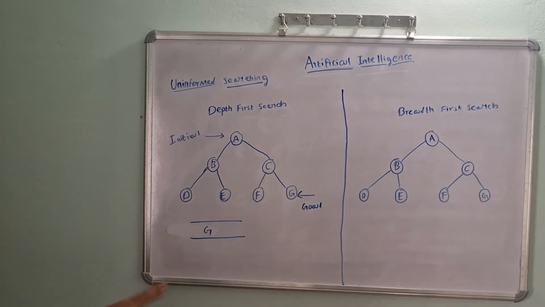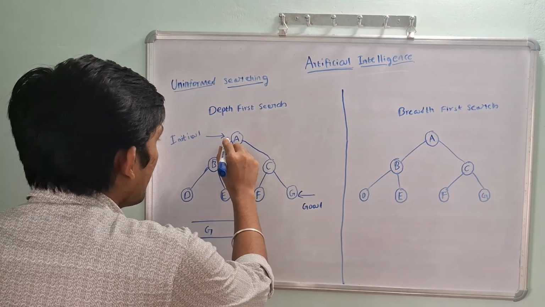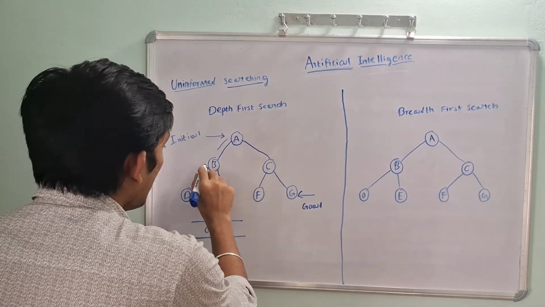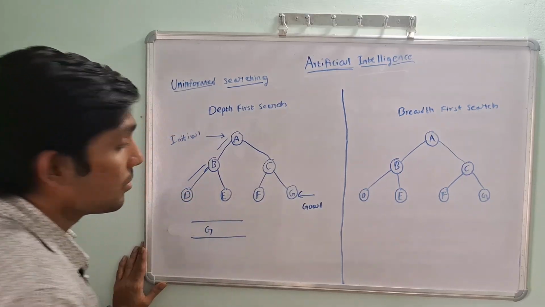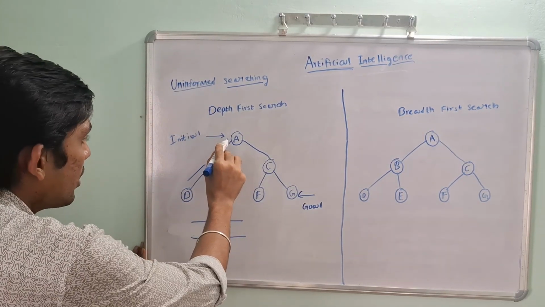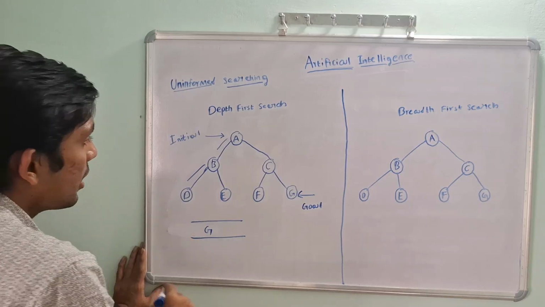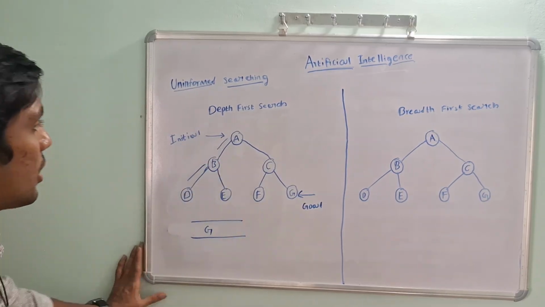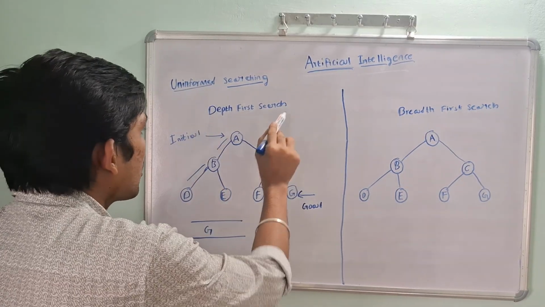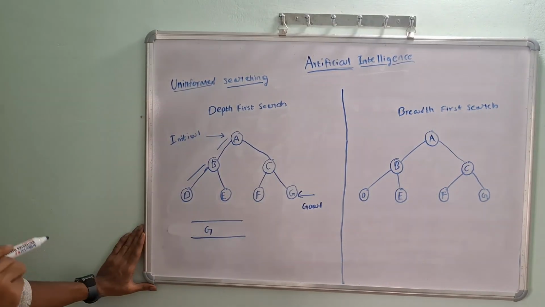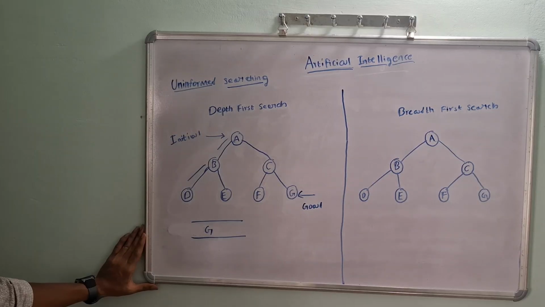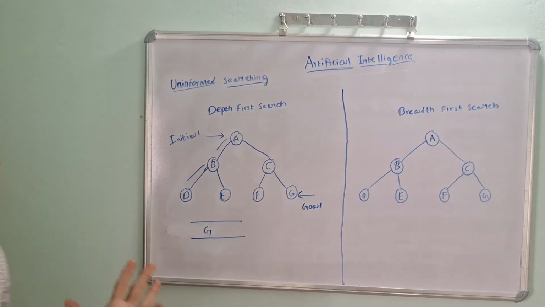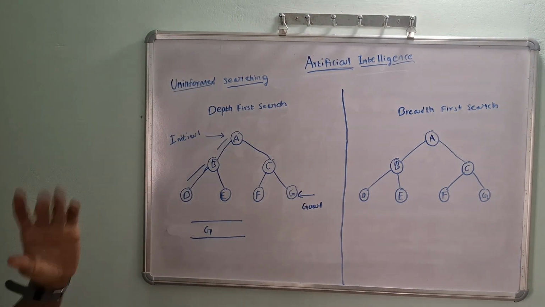One thing you can observe: first it explored A, then B, then D. So it is going into the depth of the tree, going deep and then coming back. That's why this is called the depth first search algorithm, and this is one of the drawbacks of depth first search, which I will discuss later. So this is basically the working of depth first search algorithm.